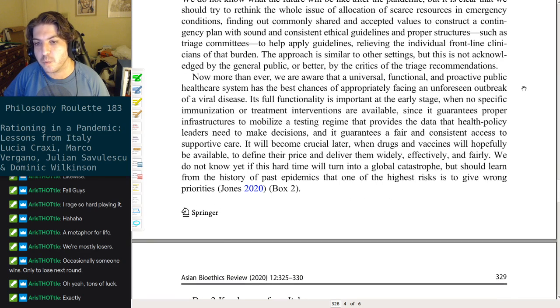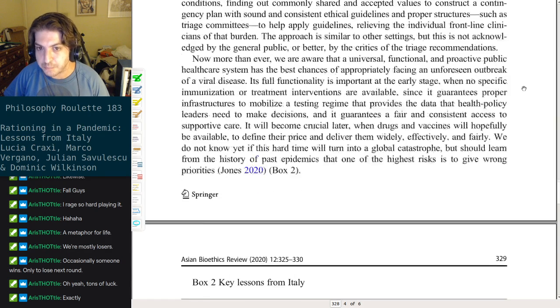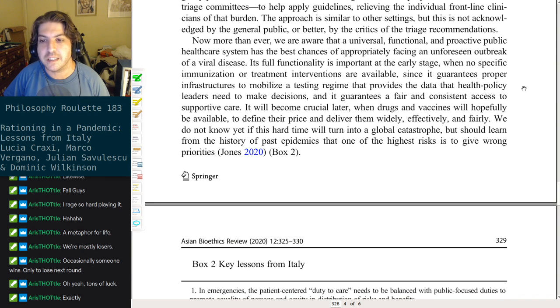Now more than ever, we are aware that a universal, functional, and proactive public healthcare system has the best chance of appropriately facing an unforeseen outbreak of a viral disease. Its full functionality is important at the early stage when no specific immunization or treatment interventions are available, since it guarantees proper infrastructures to mobilize a testing regime that provides the data that health policy leaders need to make decisions, and it guarantees a fair and consistent access to supportive care.